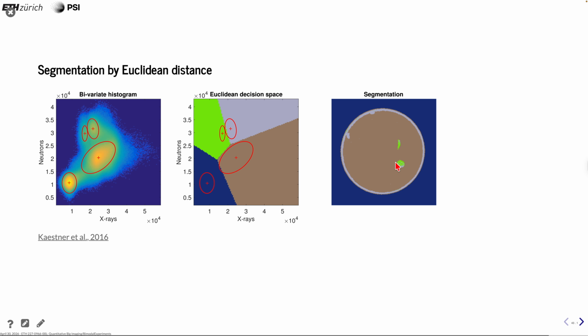The reason for this is actually a combination of beam hardening and scattering, which gives a cupping effect in the images, which now brings us back to the point that you really need to have physically well-corrected images for this to make sense.